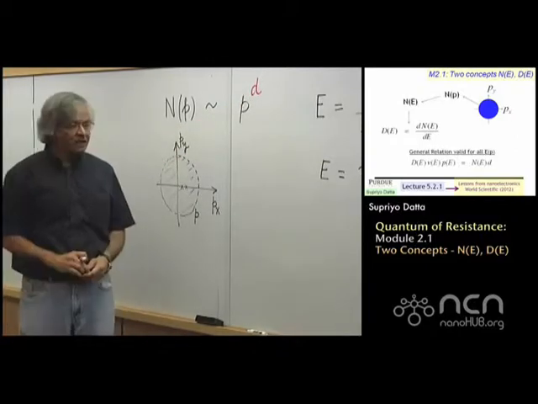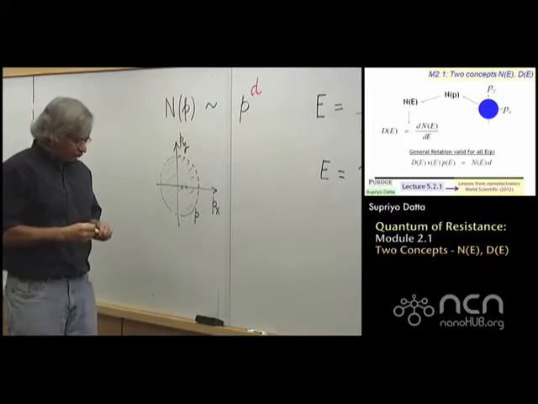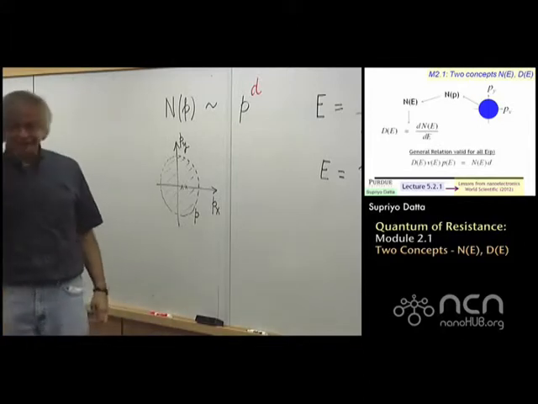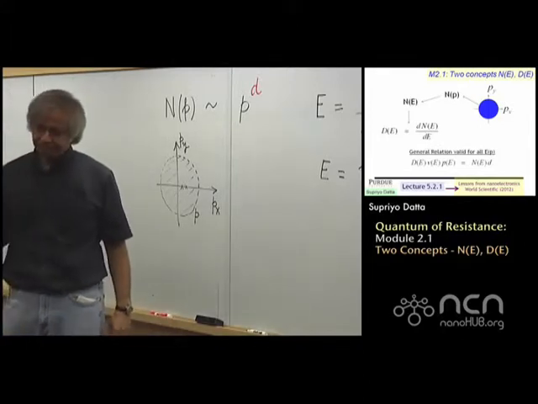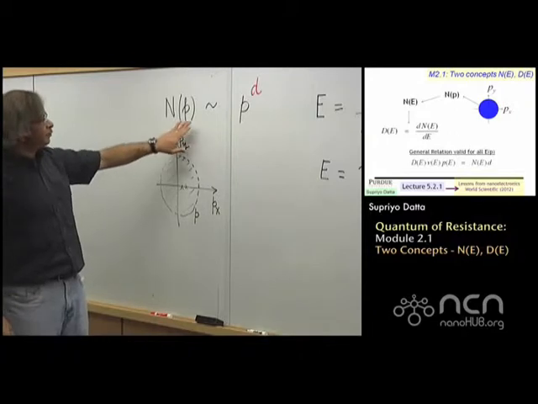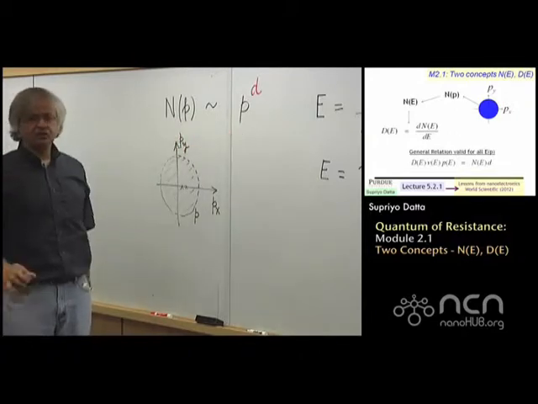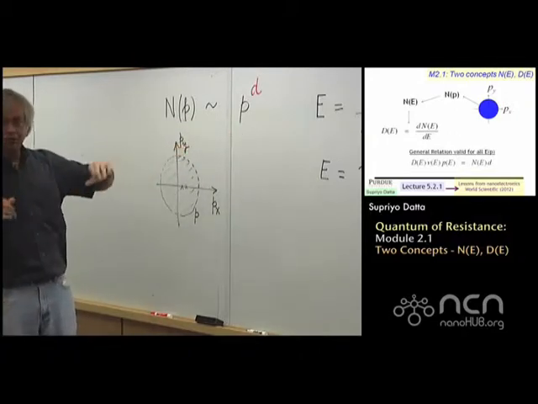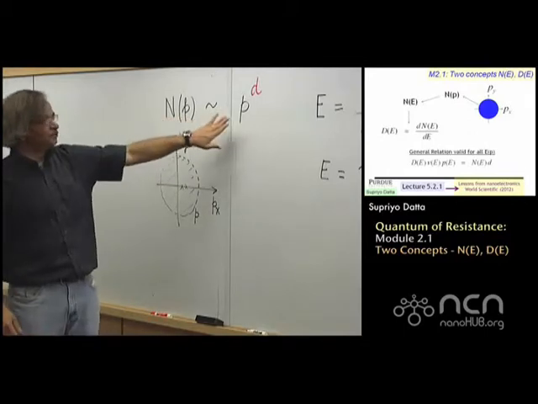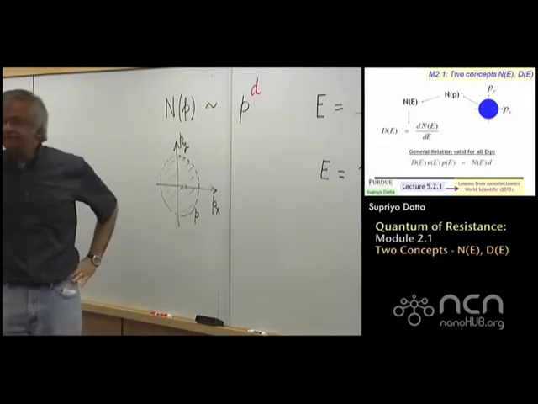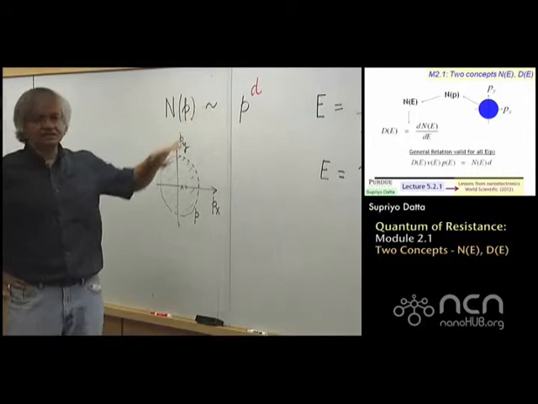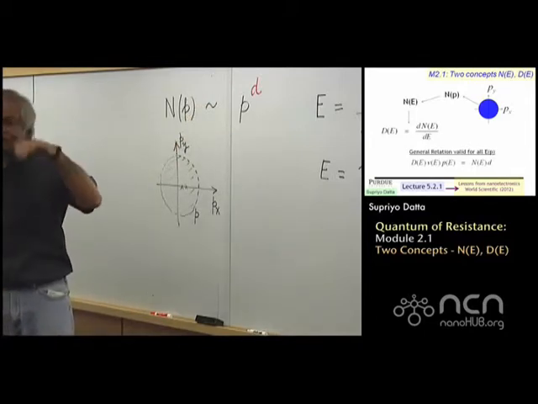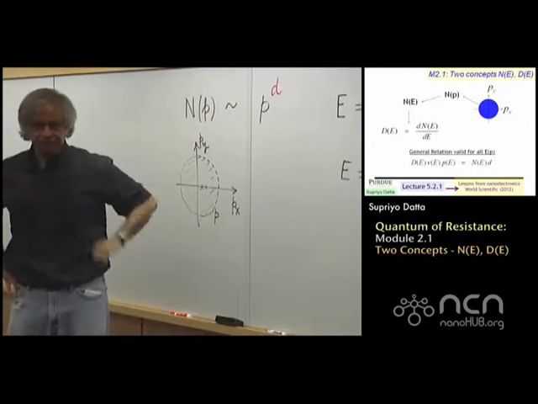Okay. So the first step in finding the density of states is to write down this function, which, without going into much detail, we can see should be proportional to p to the power d. Exactly what constant is in front, we'll talk a little more in the next module.